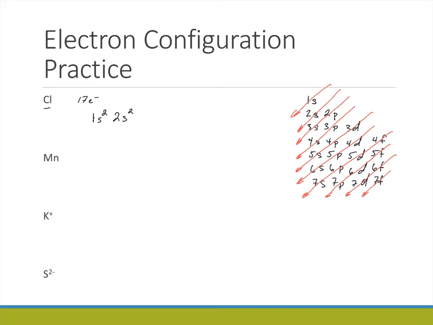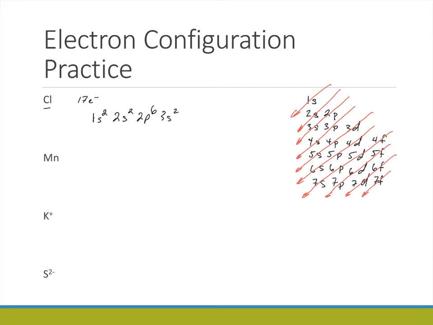Now, remember each p subshell can hold 3 orbitals. Each orbital can hold 2 electrons. So that's a total of 6 possible electrons that can be held in the p's. And since I've got 17 electrons, I've got to fill up p completely. So that's 2p6.